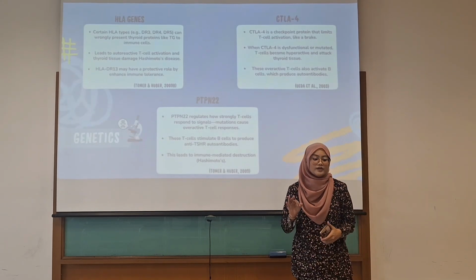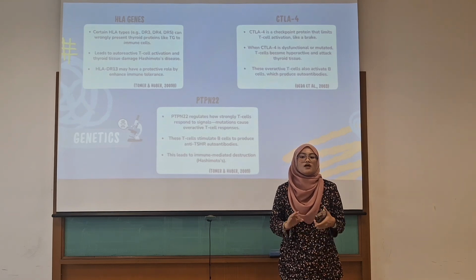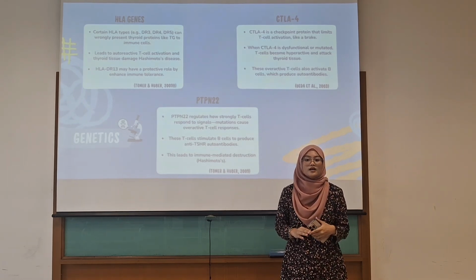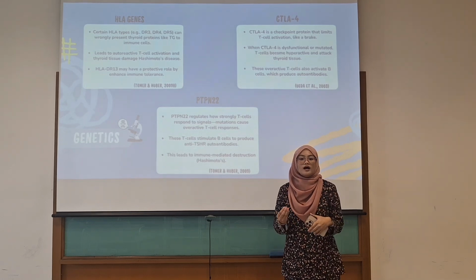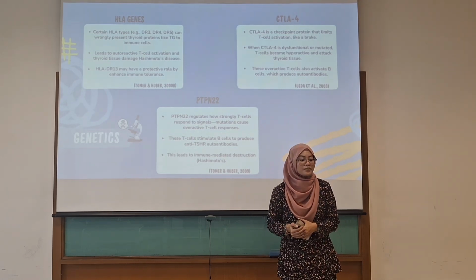Here I have 3 main points that I would like to explain, starting with HLA genes, also known as human leukocyte antigen genes, which help the immune system to recognize self versus foreign.